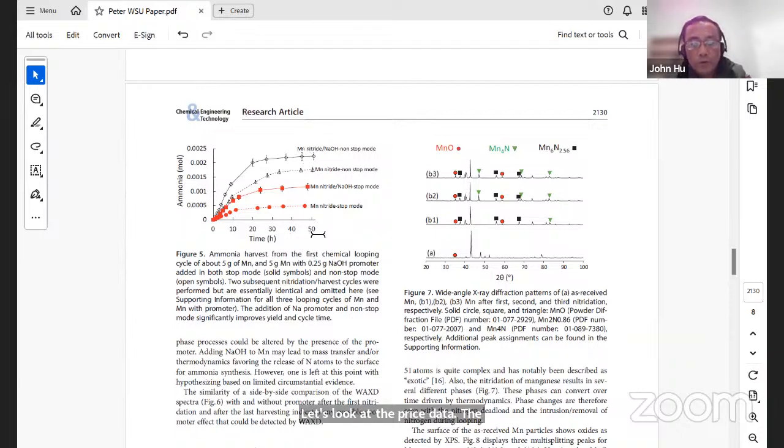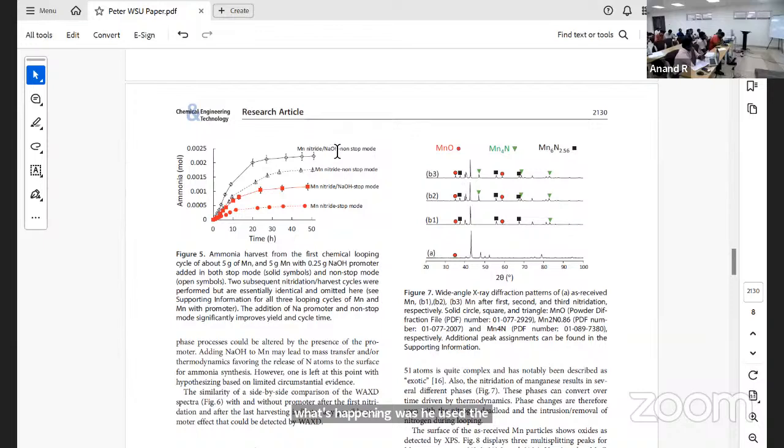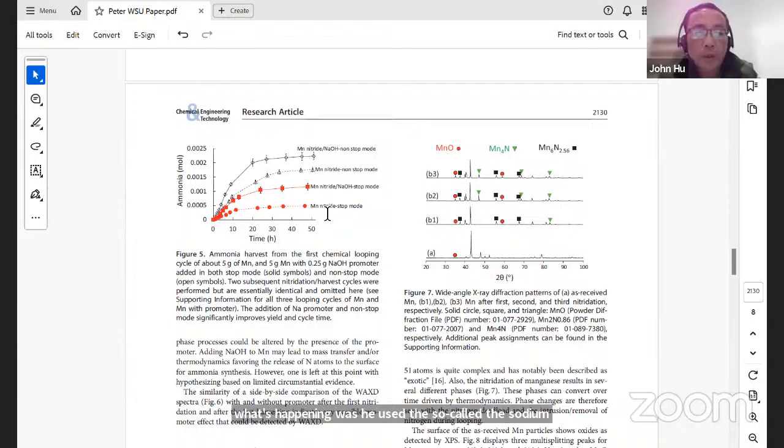In 50 hours, this is cumulative. Look at the top curve, this is the best performance. He used sodium hydroxide as a promoter, and every time he used it, it got better.